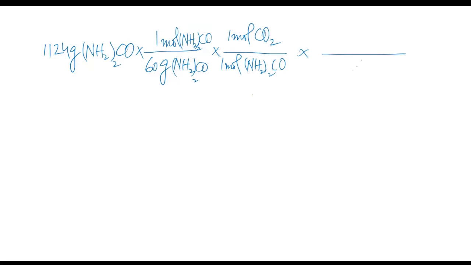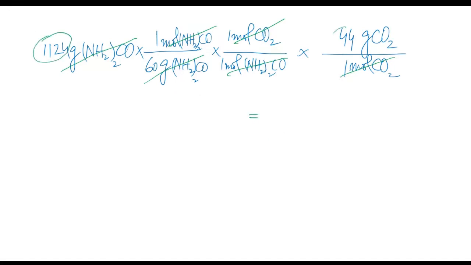Okay, when you change mole to gram, you will write mole of carbon dioxide down and gram of carbon dioxide up. 1 with mole and 44 with gram. Okay, now use the calculator. Simple. Now you see gram of urea cancels, mole of urea cancels, mole of carbon dioxide cancels. When you use the calculator, 1124 multiplied by 44 divided by 60. What is your answer?